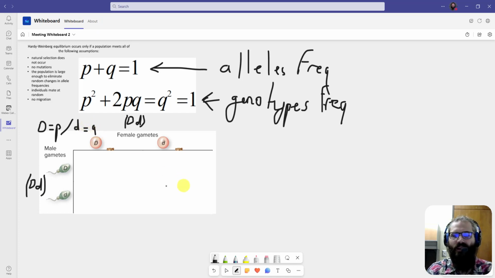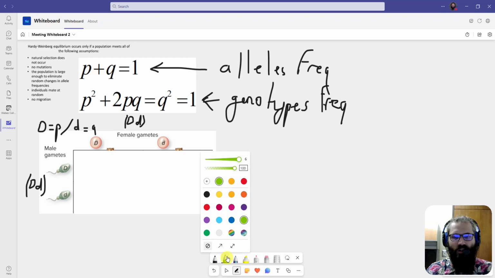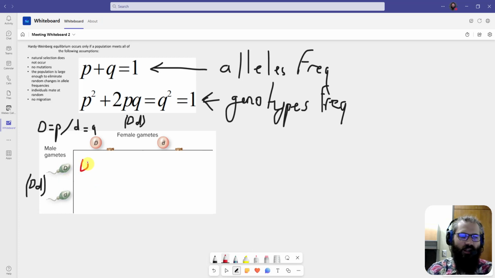right? When you do this, you realize that when you draw your Punnett square, what you get is a shorthand version, and let's draw it together. That will be easier. Let's draw it together, and I'm going to use coloration. The dominant allele will be red, right? So I'm going to convert the letters.